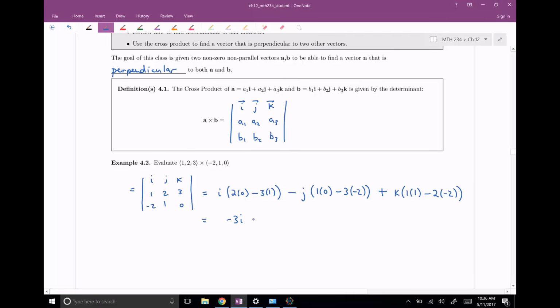So we have the 6 j. And then here we have 1 minus negative 4. So 1 plus 4 is going to be 5 k's. So this cross product outputs the vector negative 3, negative 6, 5. So based on the definition, I have now calculated out this cross product.